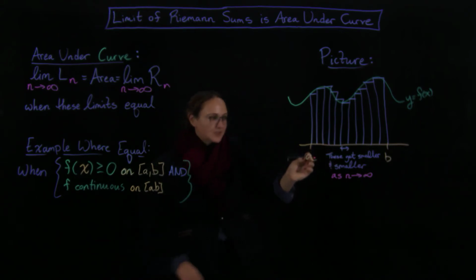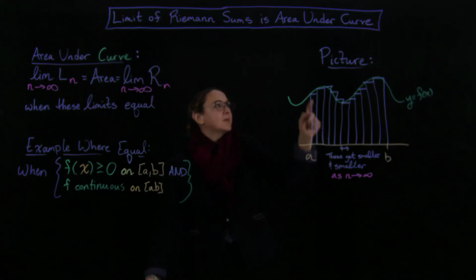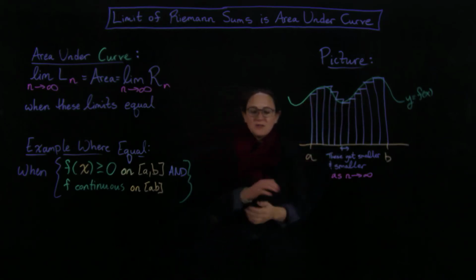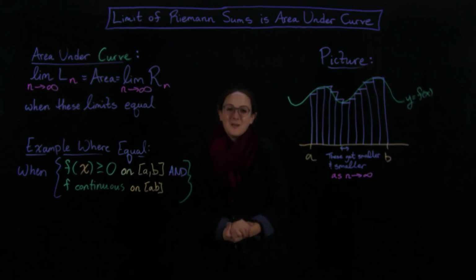But then this gives us a better approximation of the curve, and in the limit, that gives us the area under the curve. Okay, so I hope that made some sense, and I will see you in the next lecture.